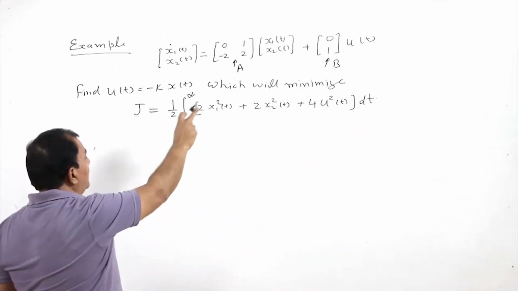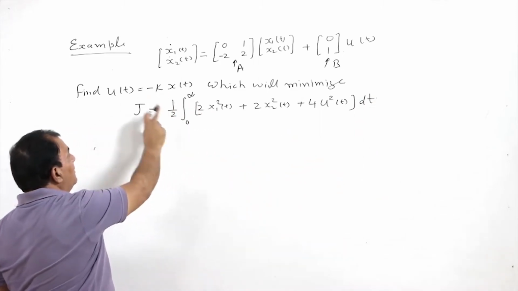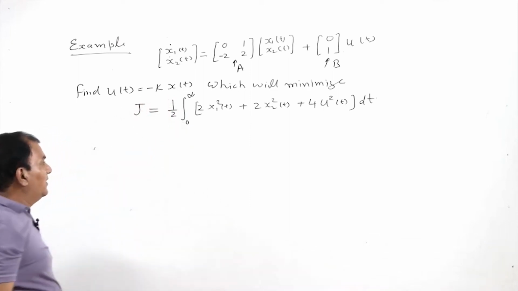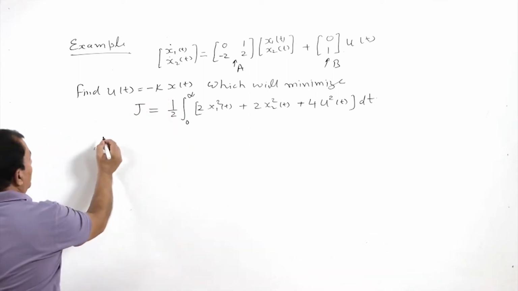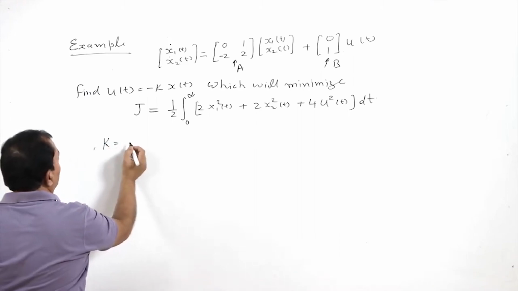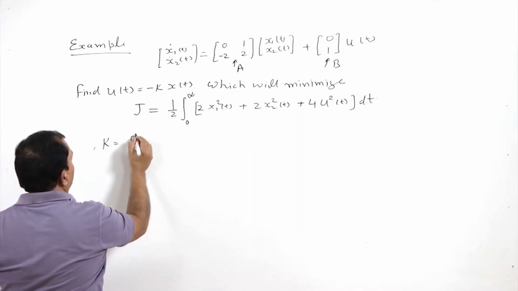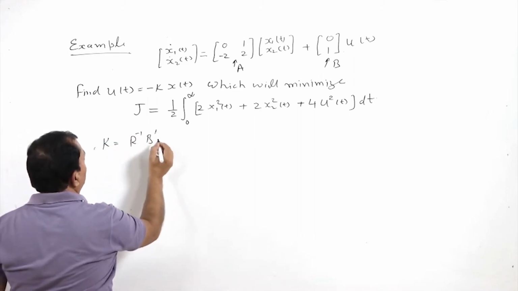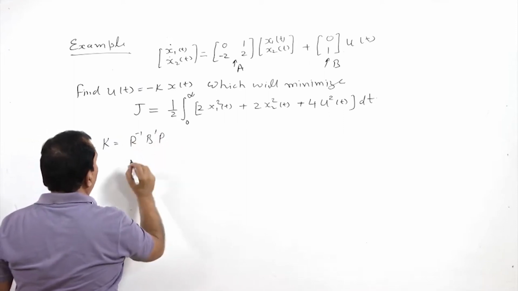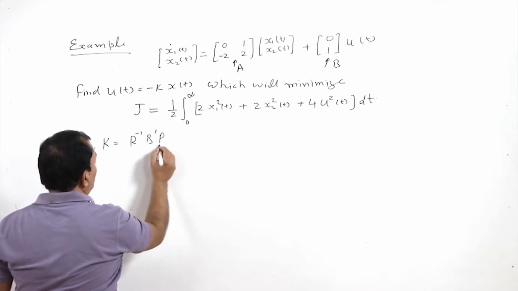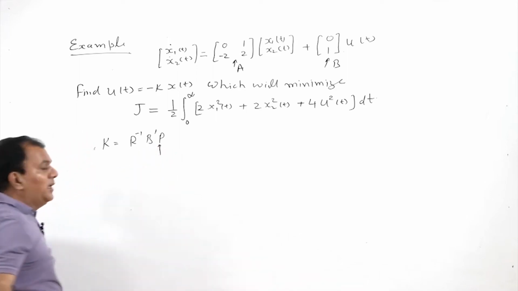So, we have to find the u t which will minimize this. So, u equal to minus kx, as we know K is nothing but R inverse B prime P. So, we have to find out the P.